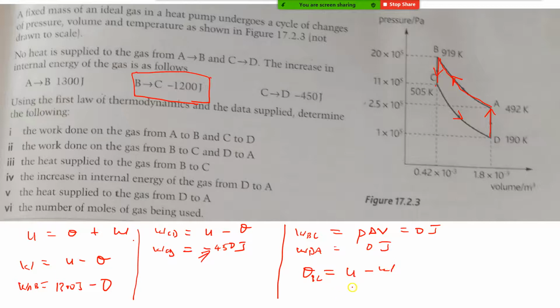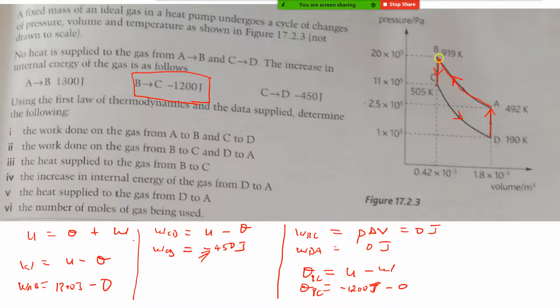In this case, the work is equal to 0. We know the internal energy, which is minus 1200 joules, minus 0.